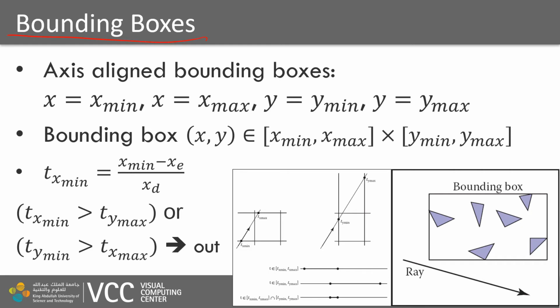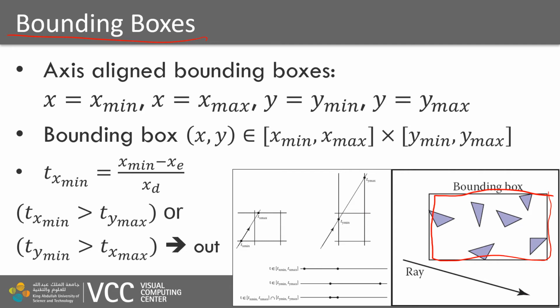With bounding boxes, what we are doing is enclosing some part of the scene so that we can quickly evaluate whether this part of the scene will or will not be interacting with our ray, in case of ray tracing.